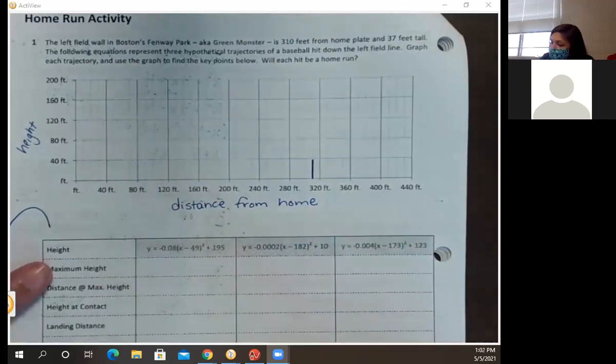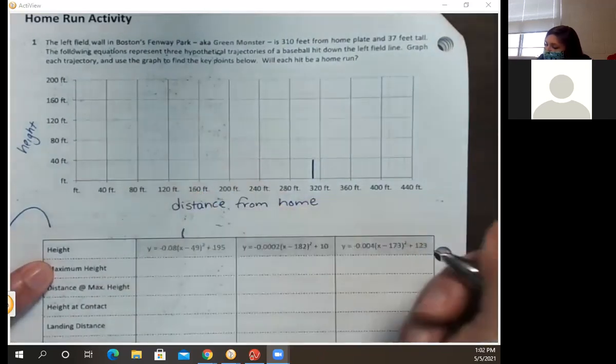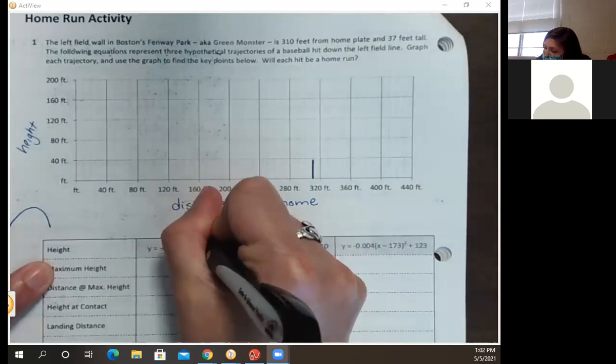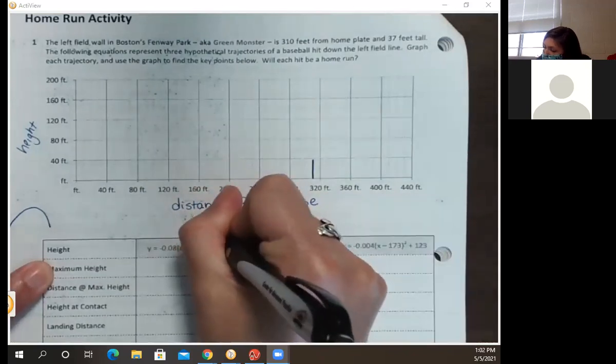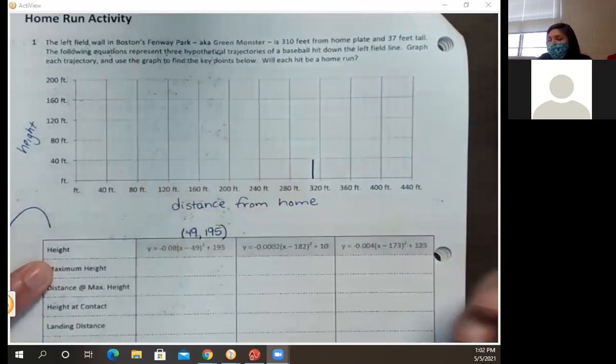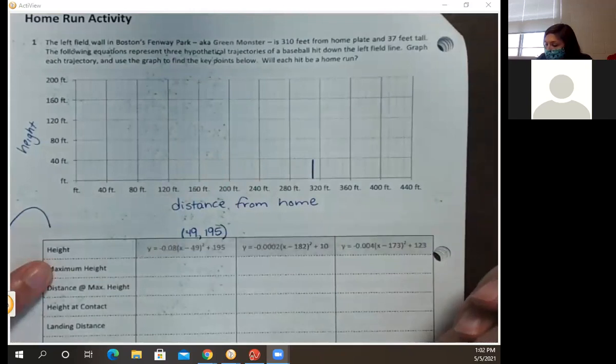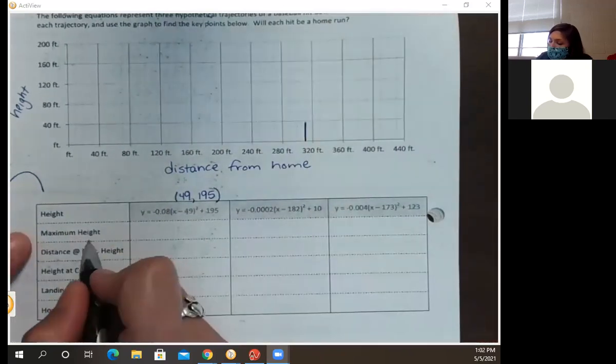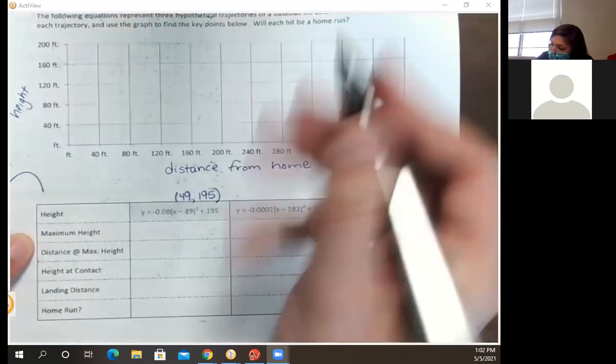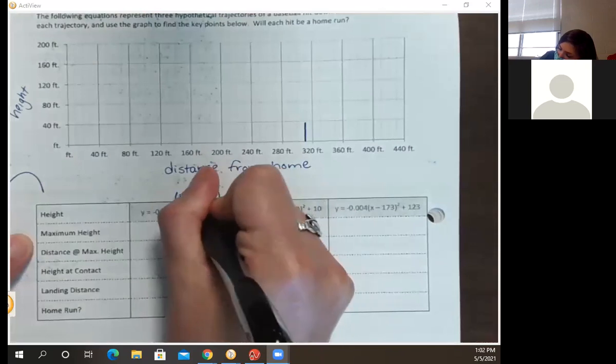Okay, this is in vertex form. I know that my vertex would be (49, 195). I want to know what's the maximum height that my ball achieves. So height, remember, was on our y-axis. So that's going to be the y part of our vertex.